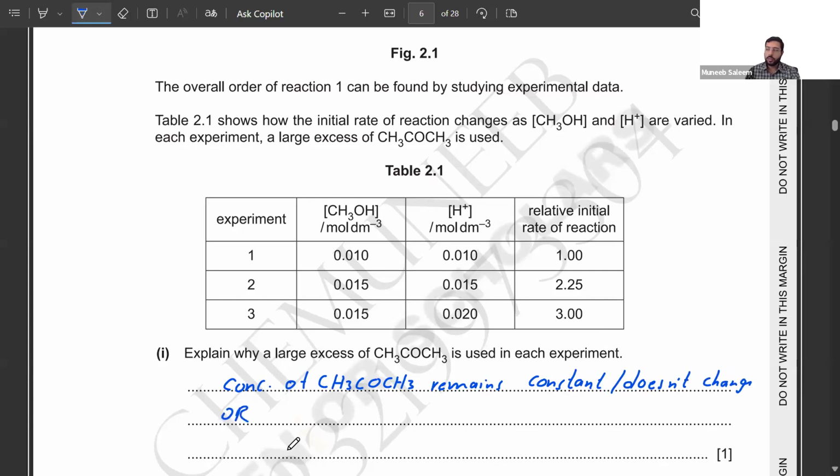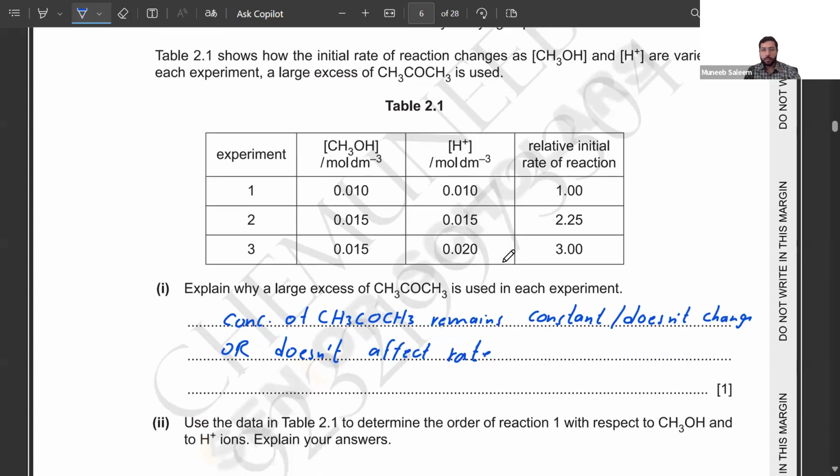Or you could also say that the concentration of propanol does not affect the rate of the reaction. So the rate should not be affected by propanol.